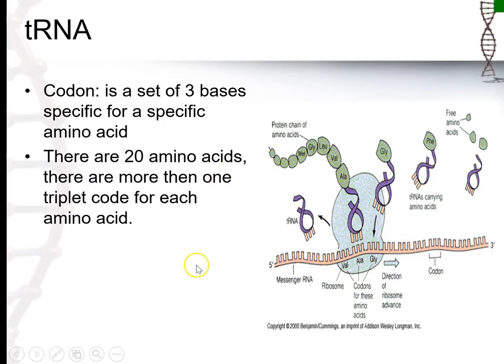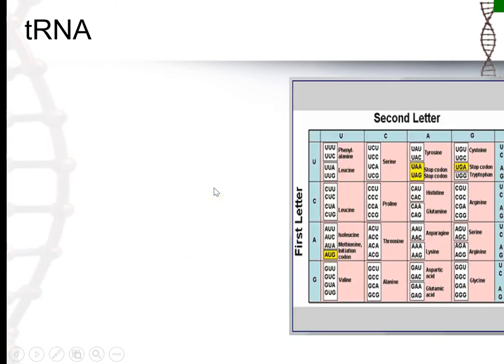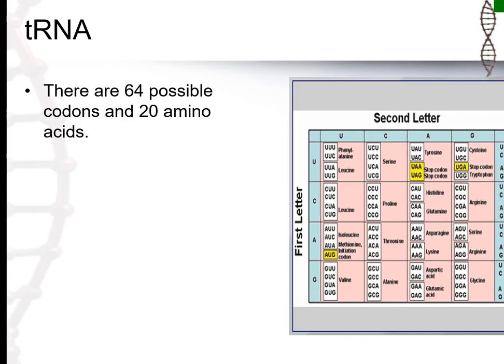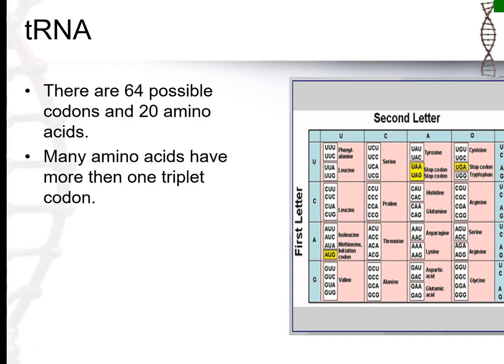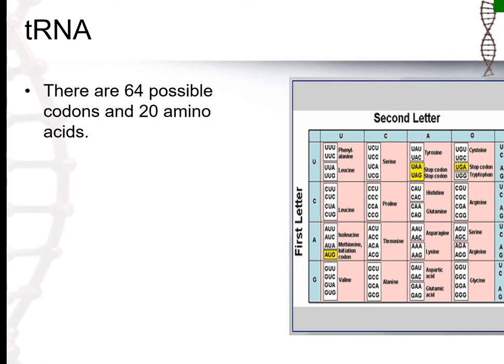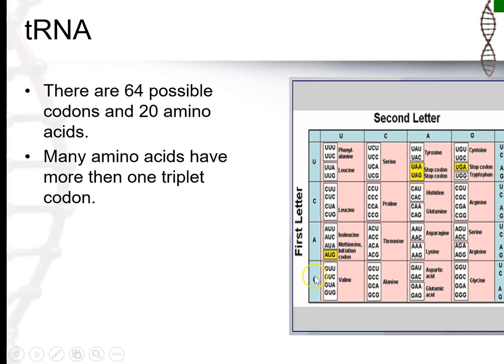There are 20 different amino acids, but there are 64 different codons for these 20 amino acids. Many of these have more than one triple codon, you'll see. For instance, here leucine actually has 6. Here's serine, whereas some of these only have a couple.